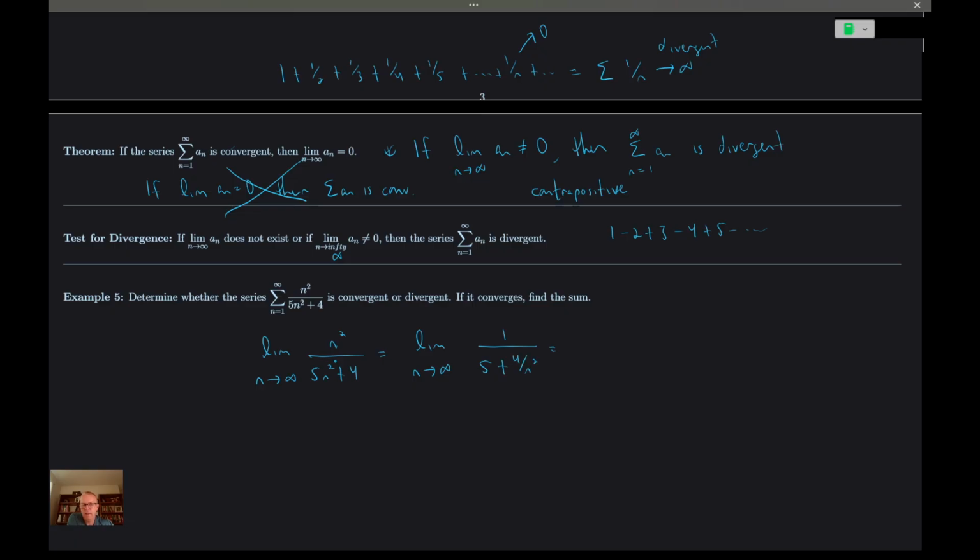Now imagine plugging in big numbers for n. This goes to 0, so we end up with 1/5. So the limit is not 0, which tells us that this is divergent.